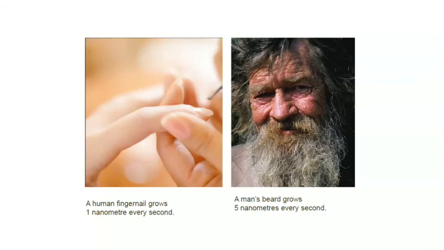Something is working at the scale right now in front of us, but we are not able to see it because we don't have that much power in our eyes. The magnification or power of the eye is not enough to see those objects which are growing right now. So for that we need some special techniques, as I already discussed.